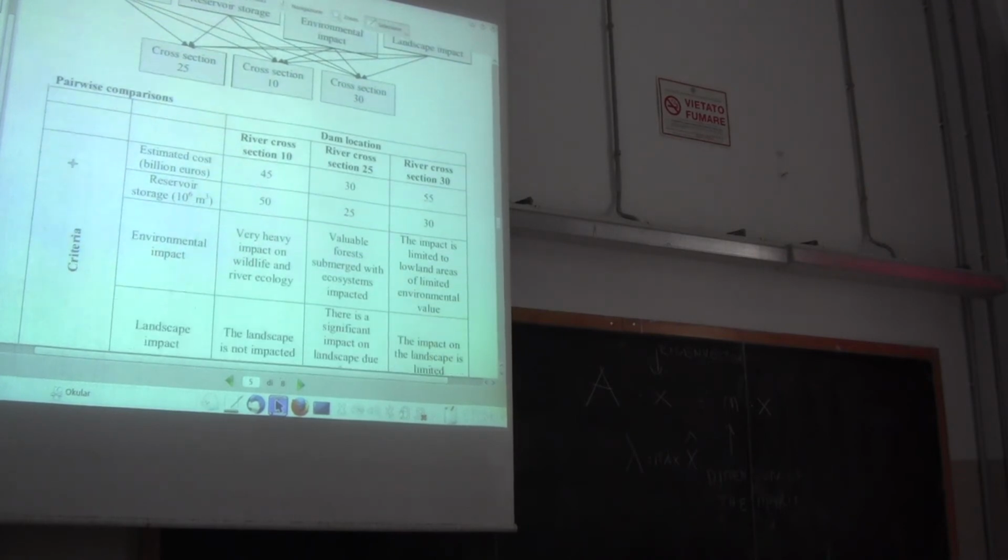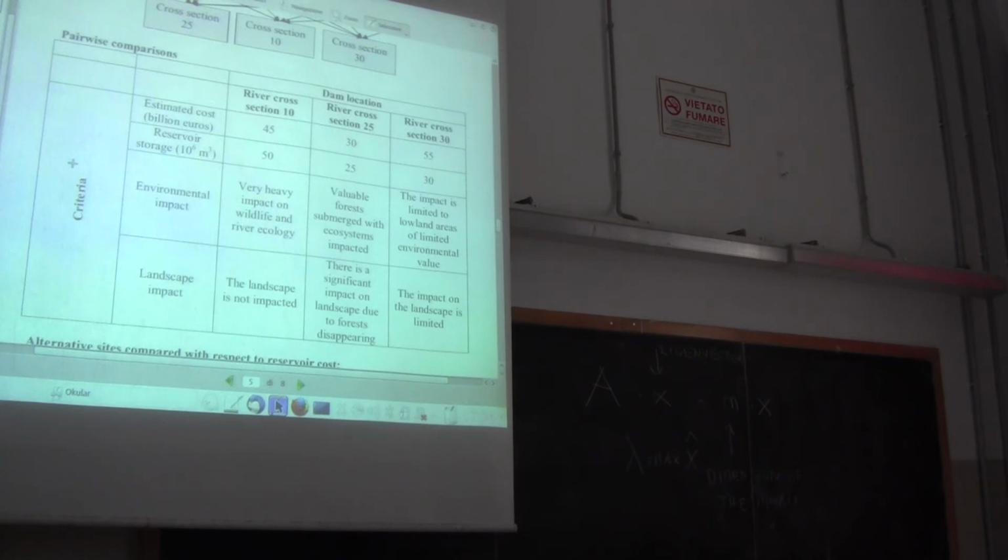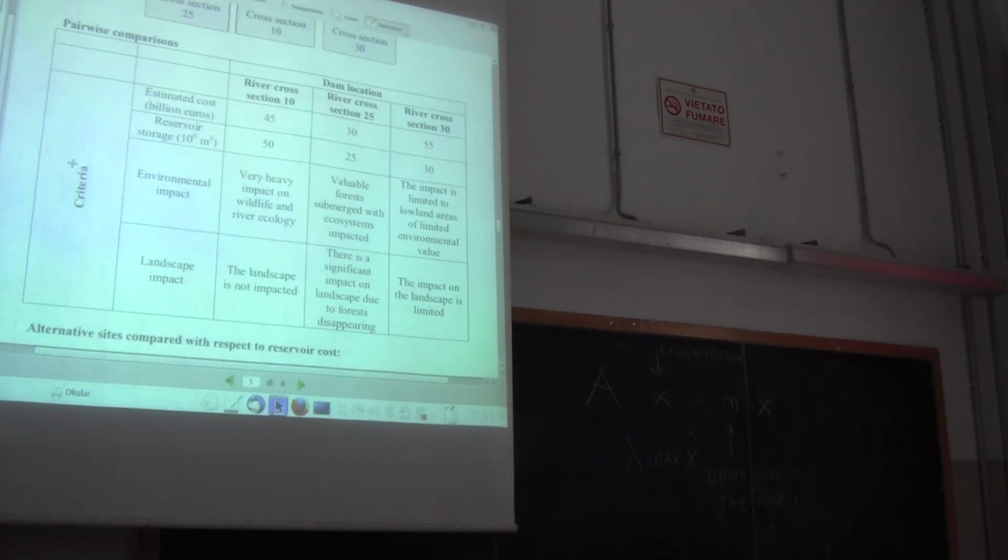And this is a repetition of the information that I had at the beginning. And now let's compare the sites with respect to the reservoir cost. And look at the cost of the reservoir. The most convenient option is river cross-section 25, and then we have 10, and then 30. So we expect that the higher weights now correspond to the section 25, followed by 10, and then 30.